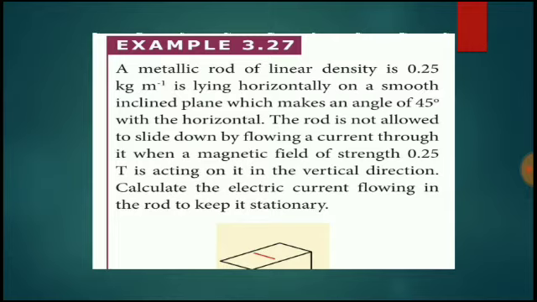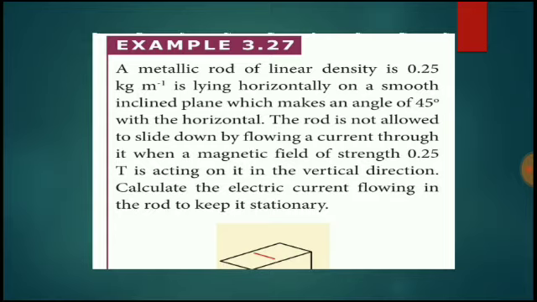The rod is not allowed to slide down by flowing a current through it when a magnetic field of strength 0.25 Tesla acts on it in the vertical direction. Calculate the electric current flowing in the rod to keep it stationary.